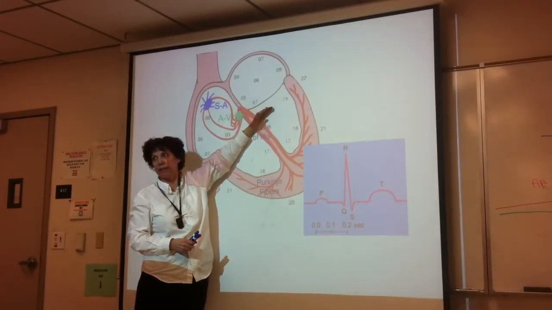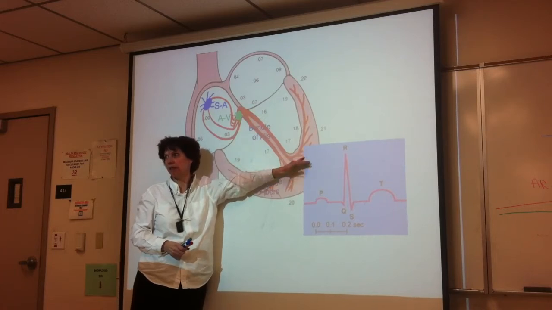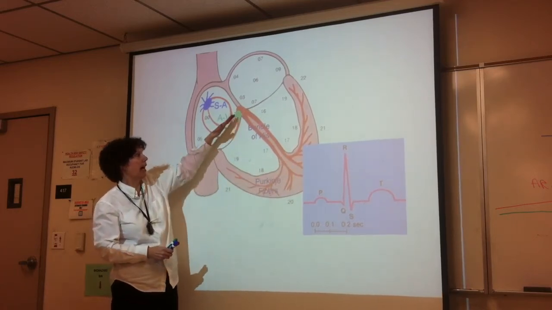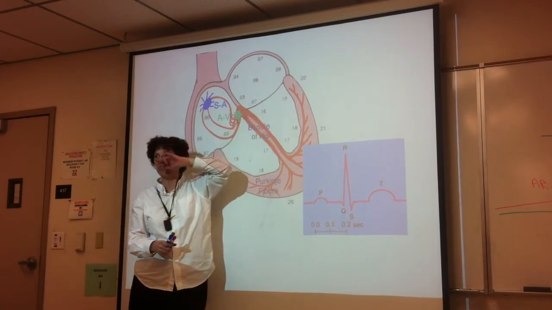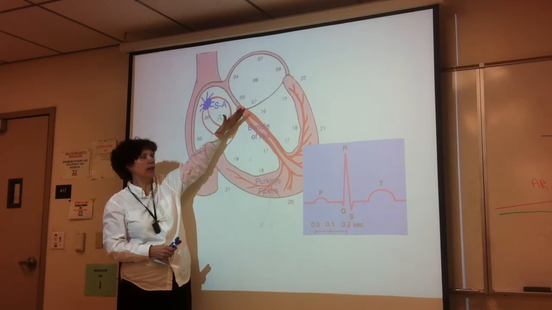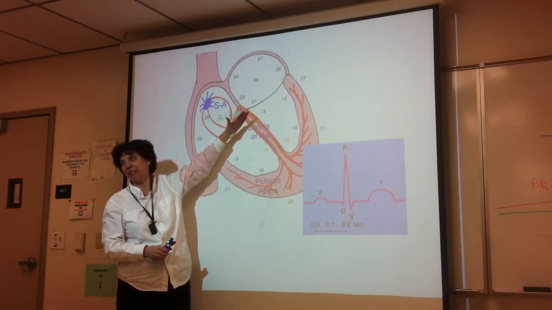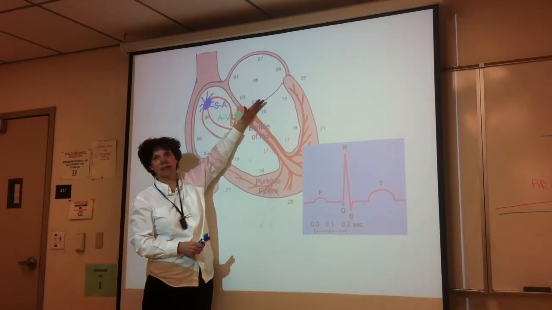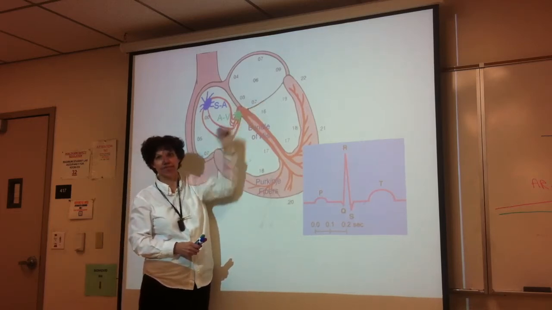Does that wave of depolarization continue? No. Within the valve, there is enough non-conductive connective tissue that it forms a structure known as the cardiac skeleton. It's really not bone. It's just collagen fibers, which are not conductive. And that stops that wave of depolarization.